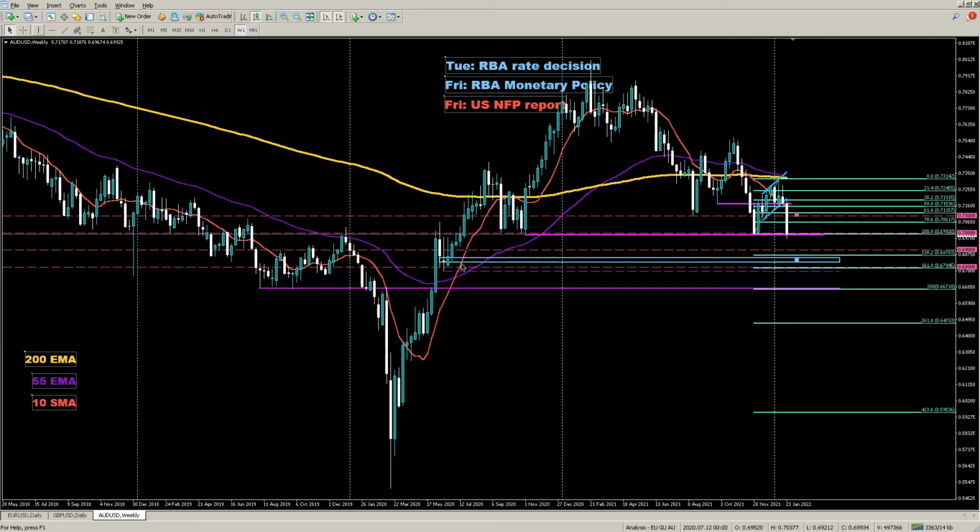So let's draw this down to the wick here and to the body. So it looks like this whole zone is a critical level of support, right? Around the 162 fib and the 0.6800. So that's going to be the key support zone.